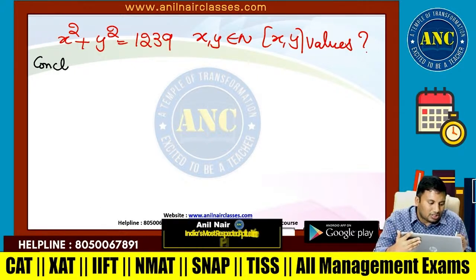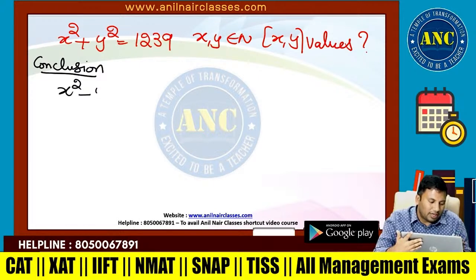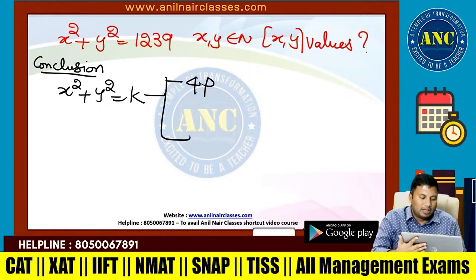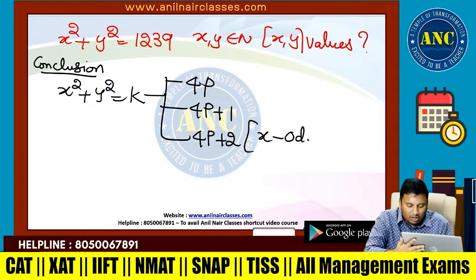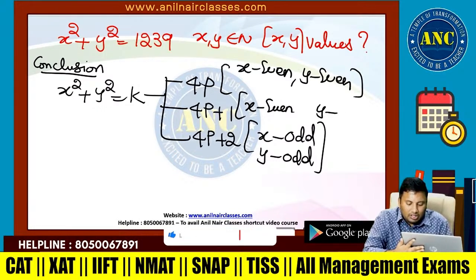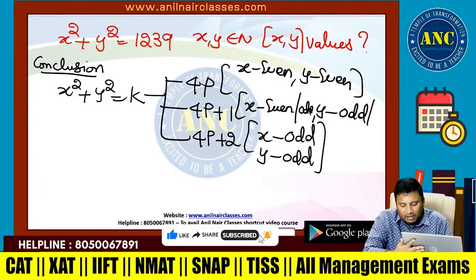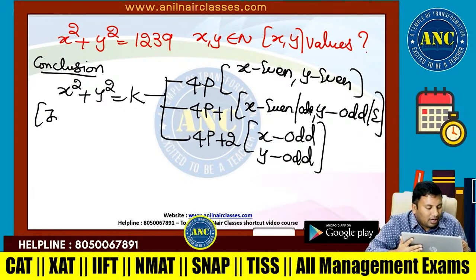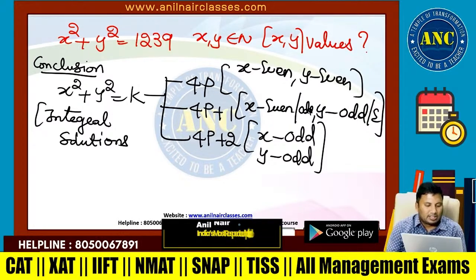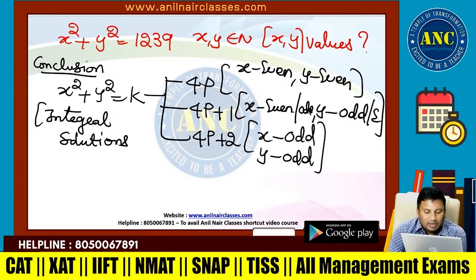The conclusion is, x square plus y square is equivalent to k, where k is either divisible by 4, or gives a remainder 1, or gives a remainder 2. The remainder 2 case is when x and y are both odd. The divisible by 4 case is when x and y are both even. The 4p plus 1 case is when x is even and y is odd, or x is odd and y is even. So x square plus y square equals k has integral solutions only if the right hand side is either divisible by 4 or gives a remainder 1 or 2.